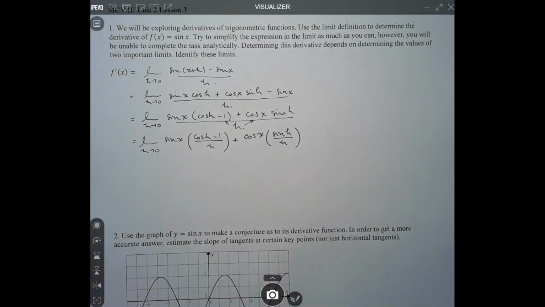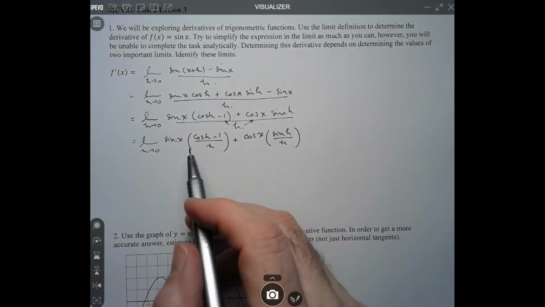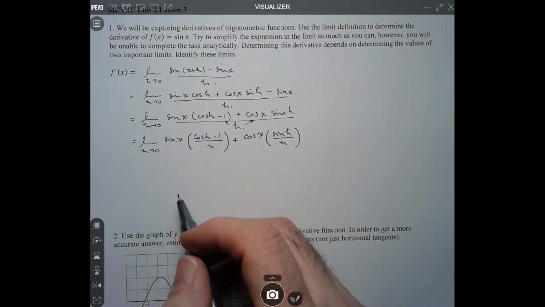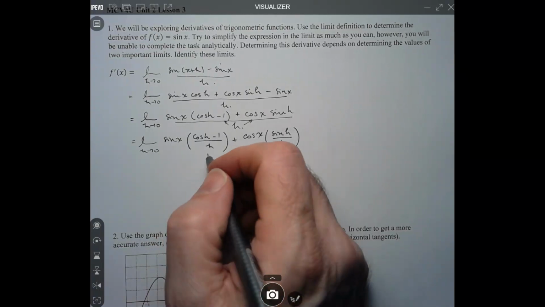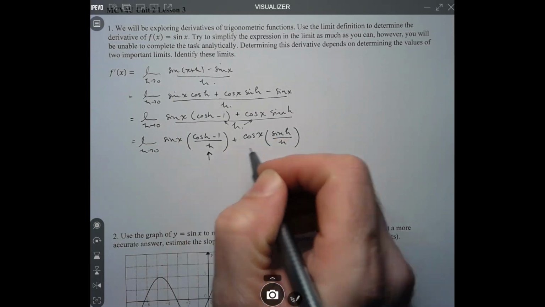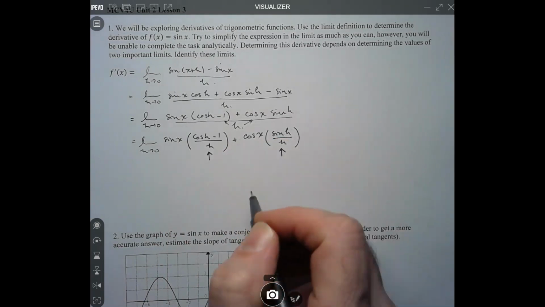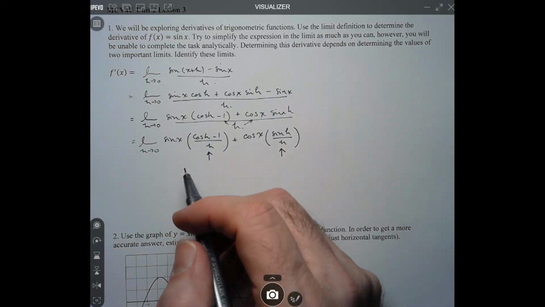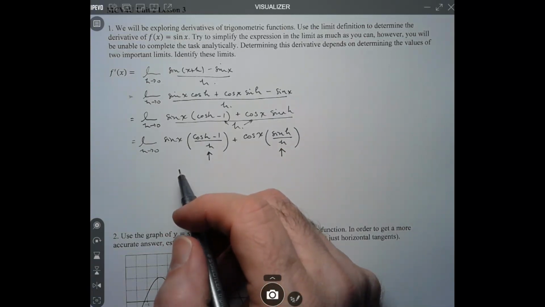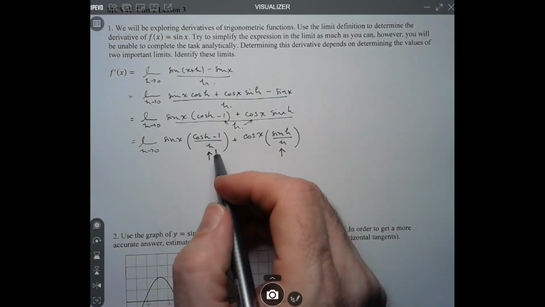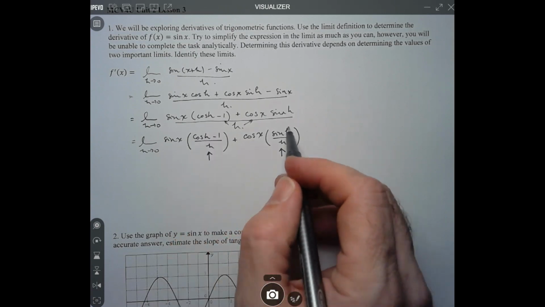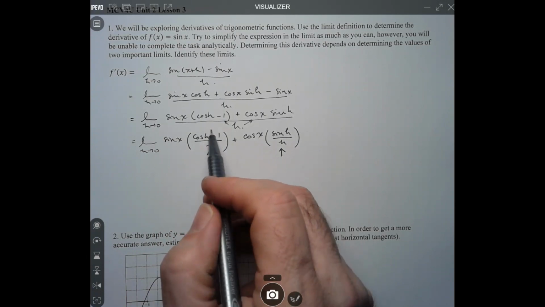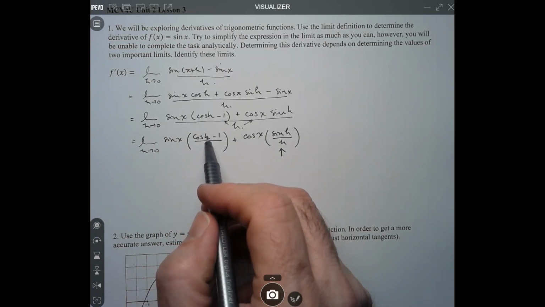Again, sine x and cos x act as constants in this limit. If I could determine whether these two limits exist, I could start to split up this expression using my limit properties. Now the question is, can these limits exist? Well, let's take a look. If I replace h by 0, this is approaching cos of 0, which is 1, 1 minus 1.